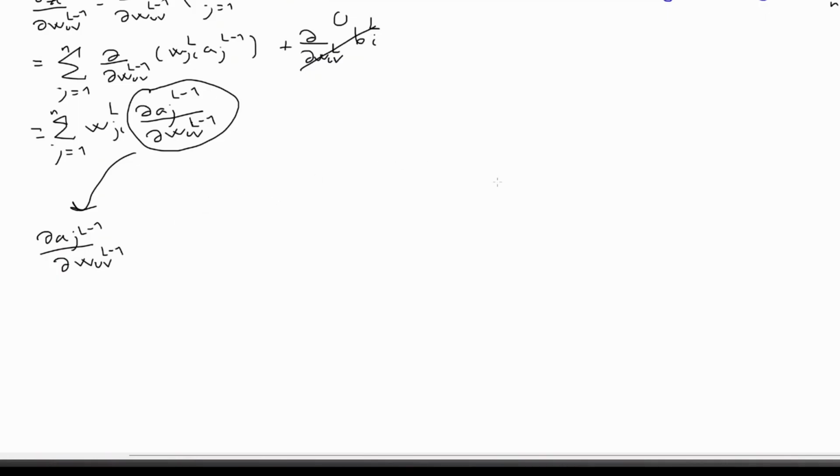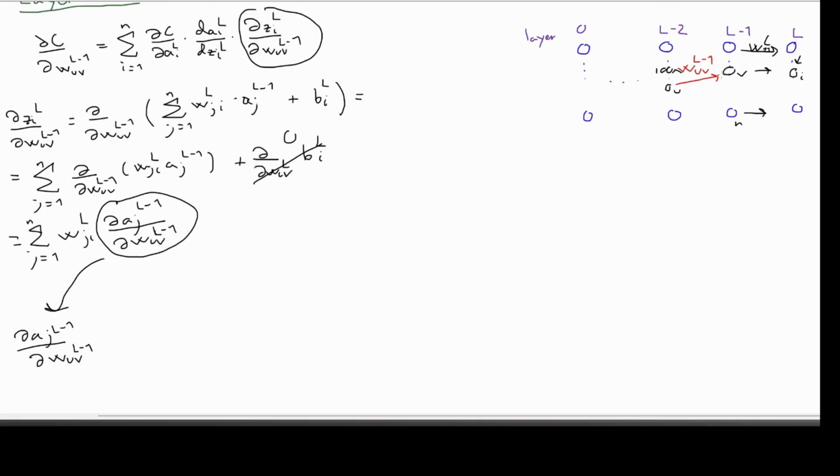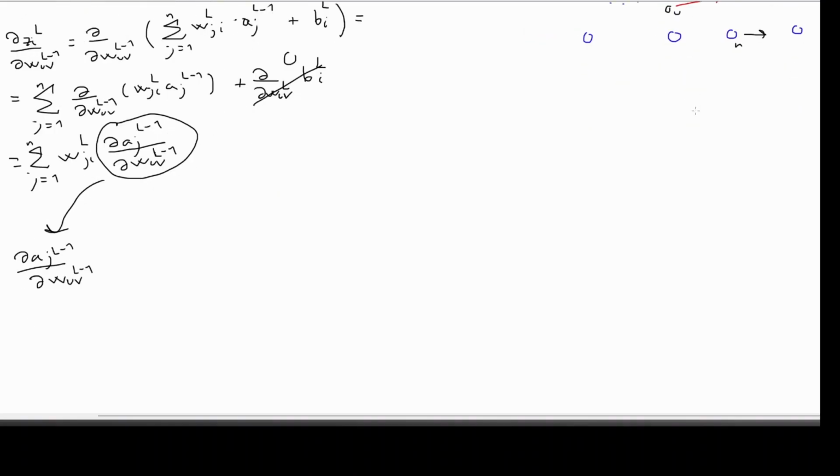And as we saw on our graph, our weight only affects the activation of the Vth neuron at L-1, which means that the derivative of an activation in any other node with respect to W UV is 0.